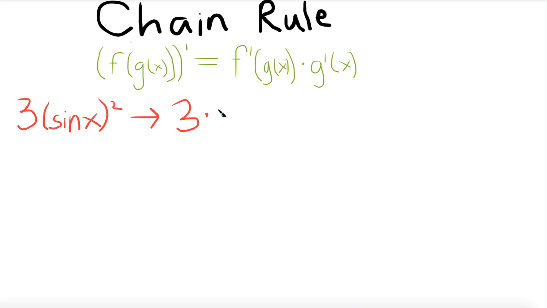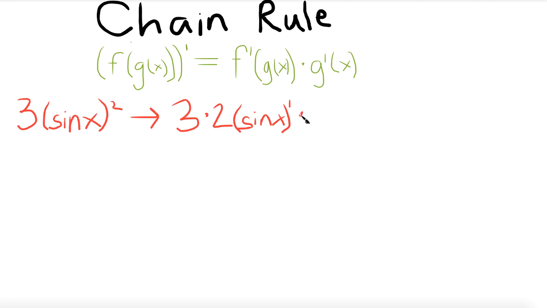So we take the derivative of the outer function, so we get 2 times our inner function, g of x, so sine of x, and then whenever we take the derivative of an exponent, we lower it by 1, so we subtract 1 and we get 1. Now we have f prime of g of x, but we still need our g prime of x. That's the derivative of the inner function.